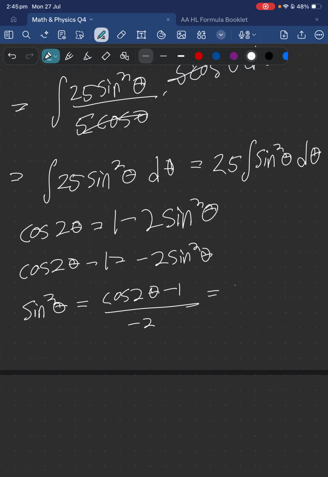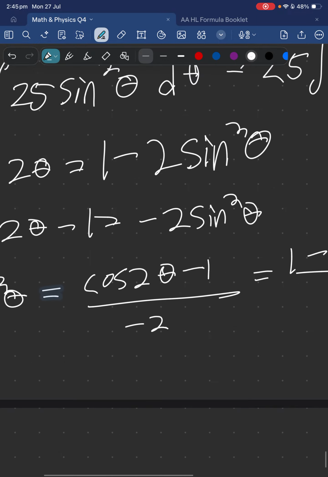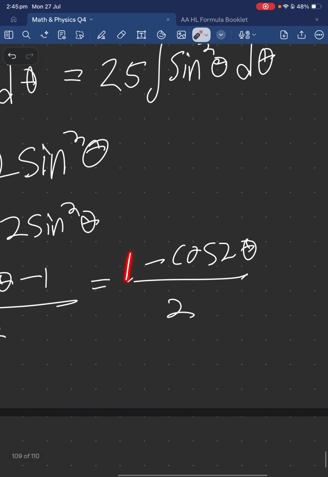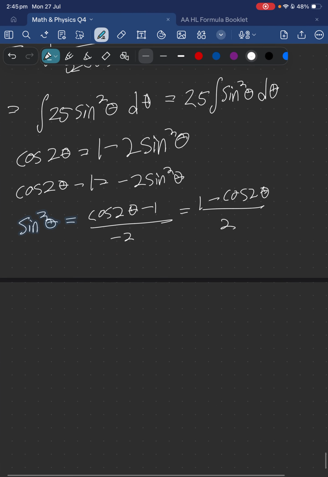We get 1 minus cosine of 2 theta over 2. What I did here was to get rid of this negative, I distributed it up here, so that would be negative cosine and then positive 1. So I just rearranged it to 1 minus cosine. I know I didn't explain it, my bad. I hope that makes sense.